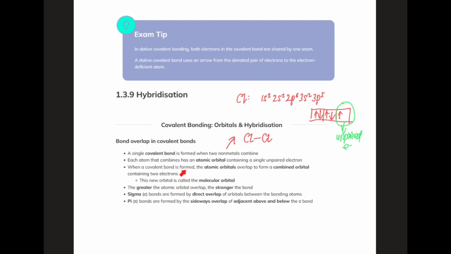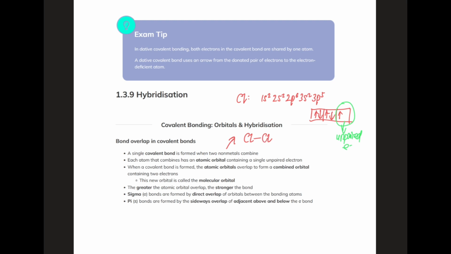When a covalent bond is formed, the atomic orbitals overlap to form a combined orbital containing 2 electrons. So they overlap. That means this unpaired electron's orbital overlaps with the unpaired electron's orbital of the other chlorine atom.